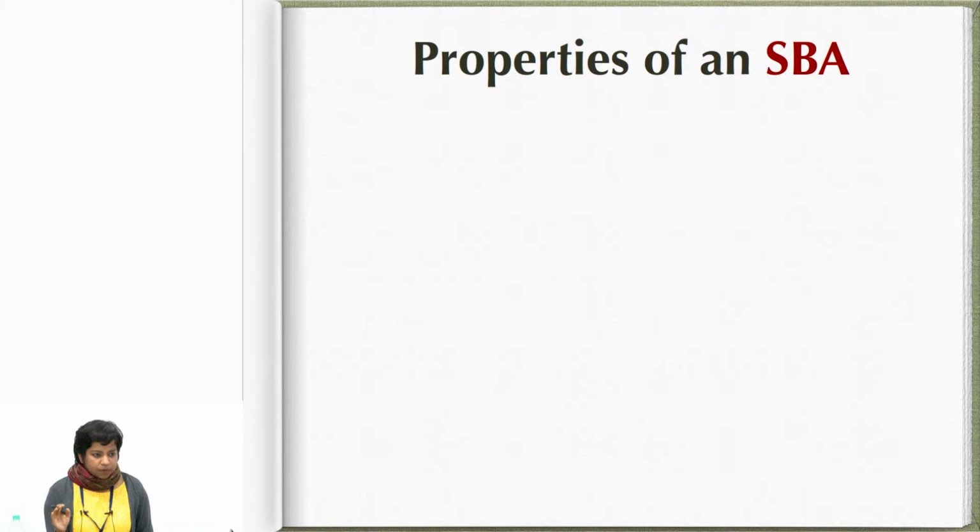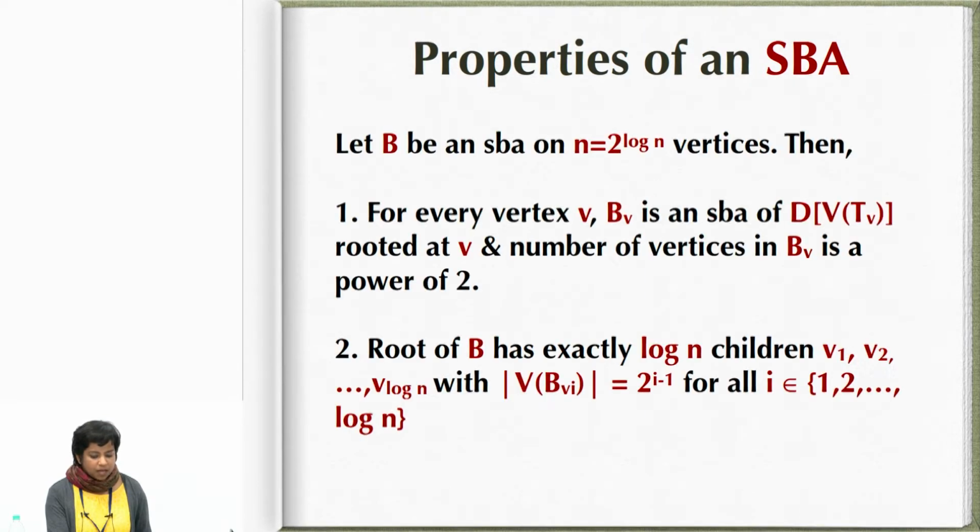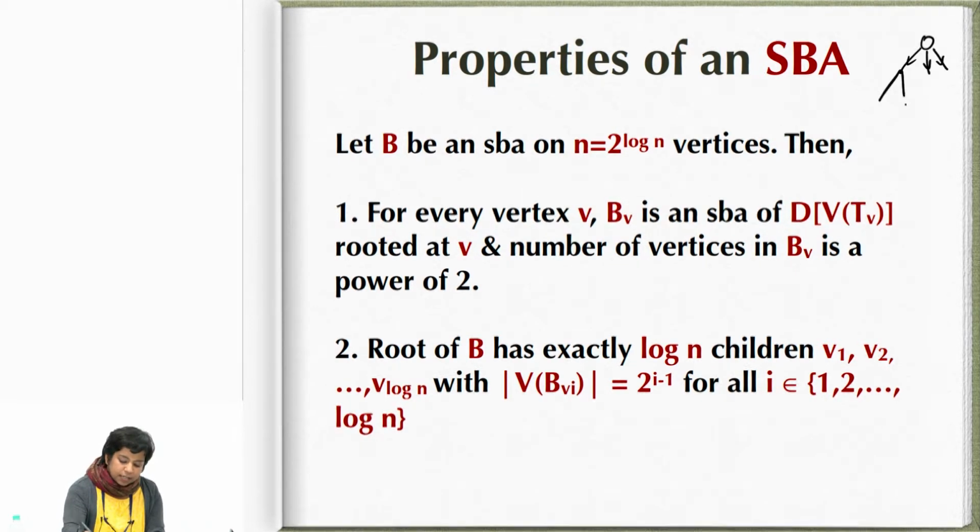Okay. So just before I go into the algorithm, I'll talk briefly about some more properties of the SBA, which are important so you can follow the arguments going forward. So for every vertex V, let's say B is an SBA, this tree. It has a root, it has all these children, all these edges are pointing downwards, and these are the subtrees rooted at its children and so on.